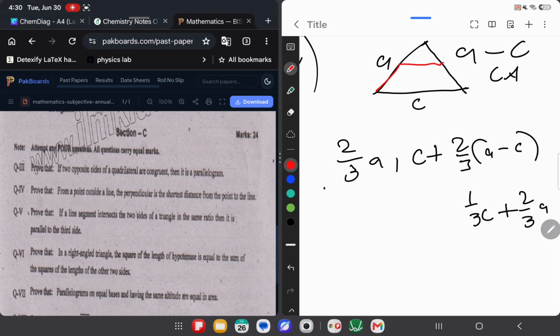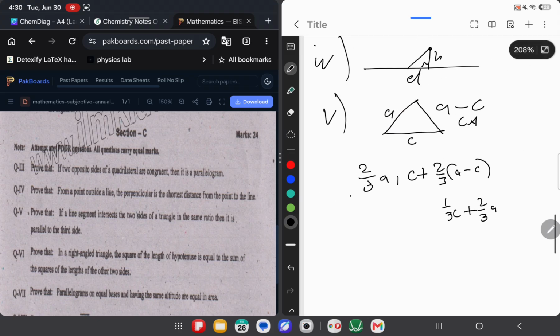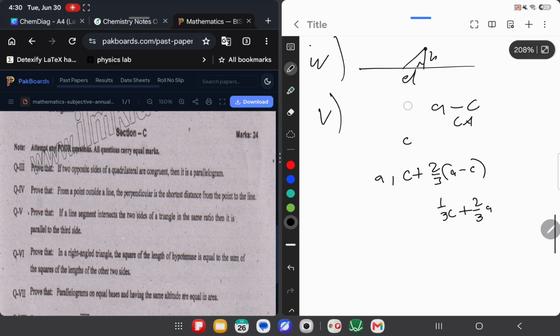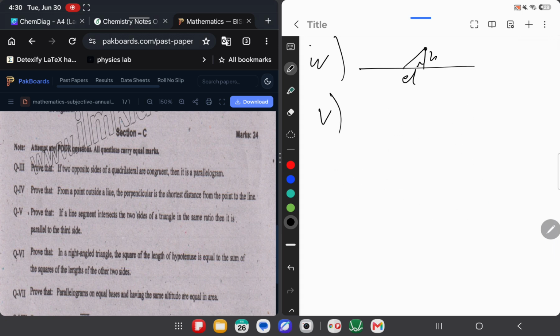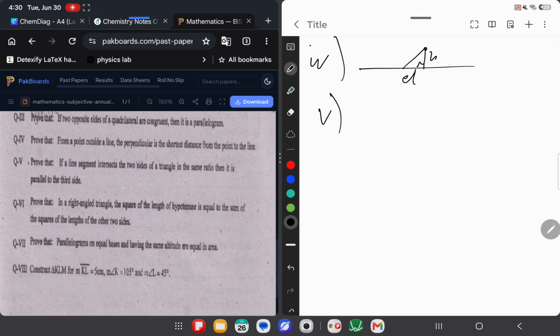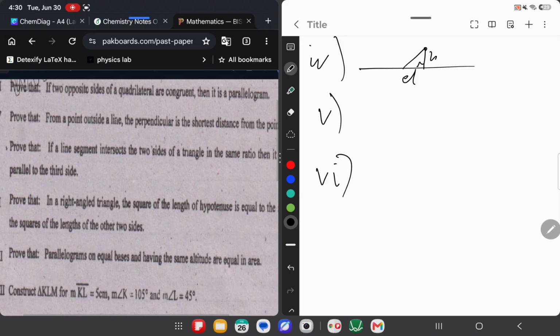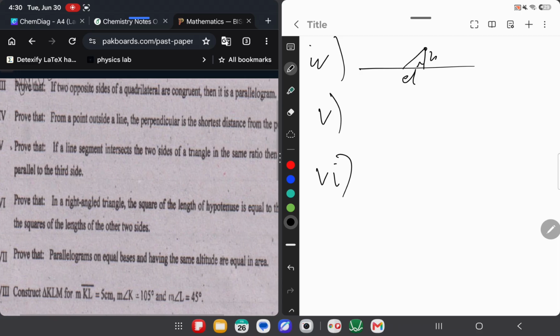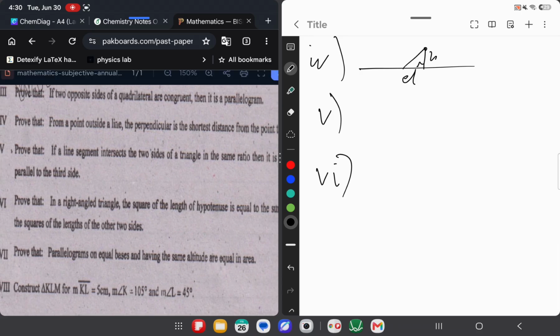So we can prove that yes, they are parallel. It is parallel to this.